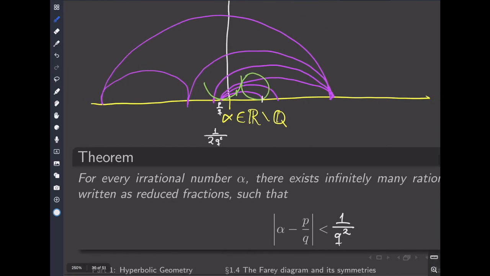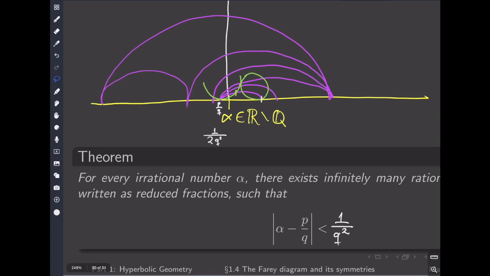There are infinitely many such, because I can do this argument infinitely many times. This is better than 1 over q squared. It's 2.